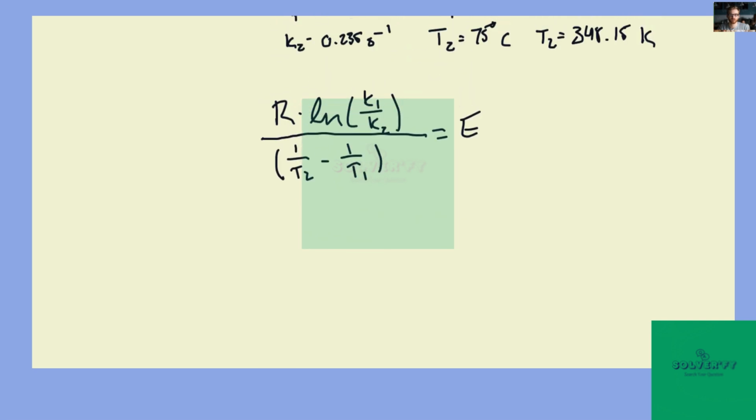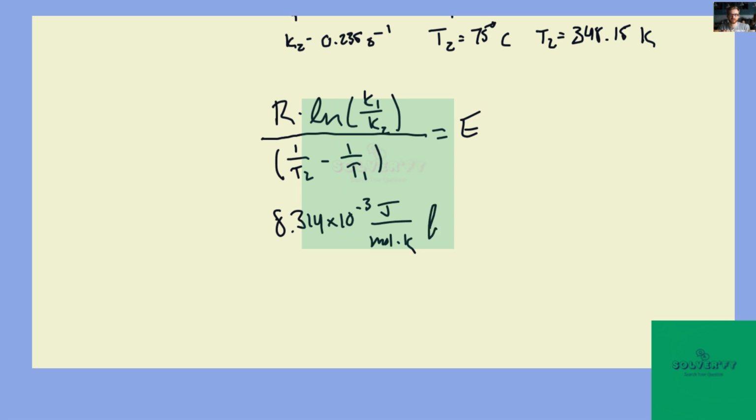Okay. So all that's left now is to plug our values in. So it'll be R, which is 8.314 times 10 to negative 3 joules per mole per Kelvin. Oops, should probably get that a little better. Joules per mole per Kelvin.